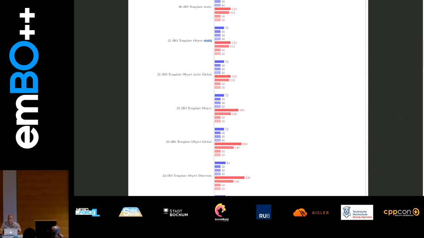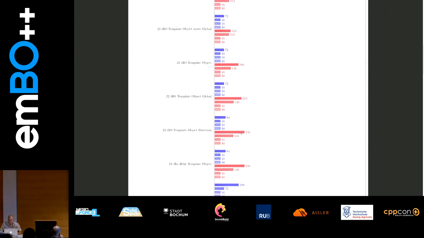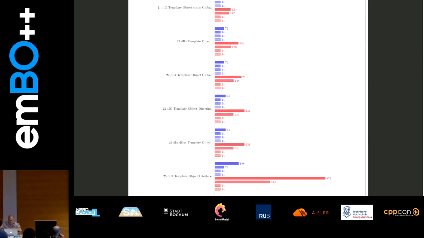If I remove the static, then in unoptimized it adds code, but the compiler can optimize it away. So it's okay. And here, if we use this as global instances, it can still be optimized away. And here we have what I showed you right before, with the direction, with this additional argument.